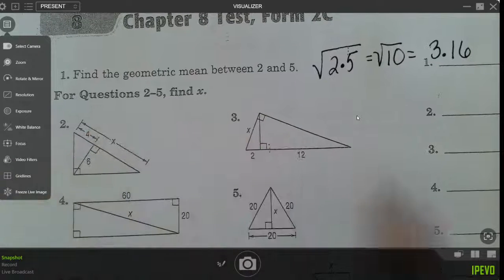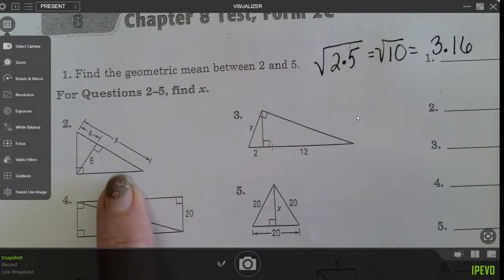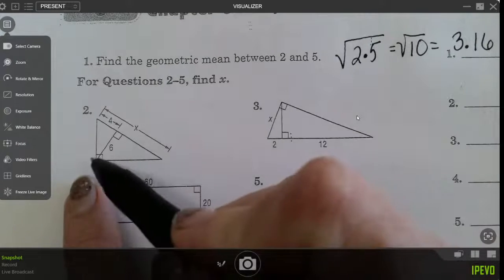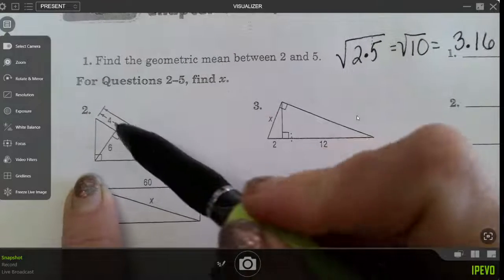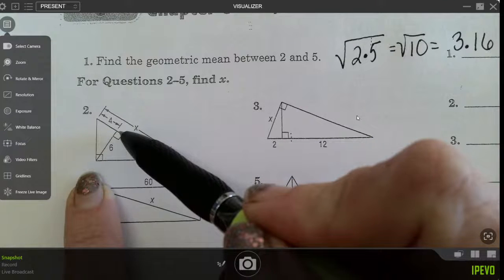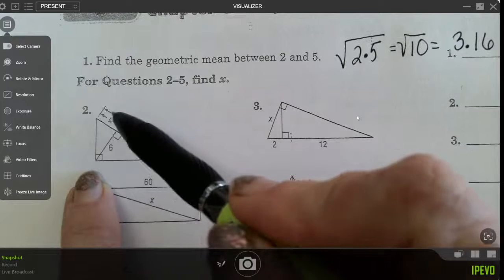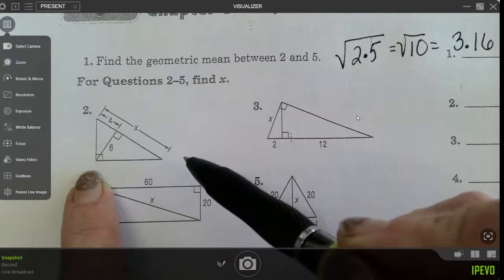Okay, so 2 and 3 are about using those geometric means to solve a problem, right? Y'all remember when we did this? This is an altitude right here. So we've got this 4 here. We've got 6 there. We don't know this whole value right here, right?